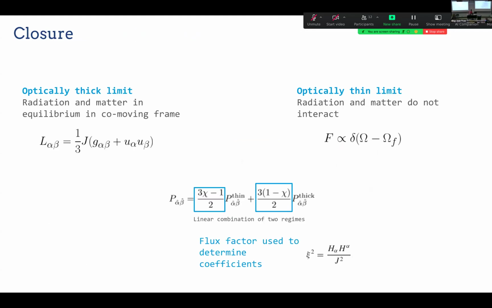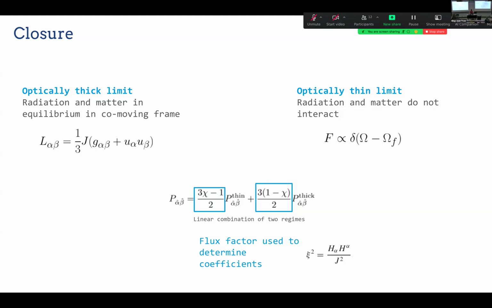So to make things simpler, you assume that the radiation pressure takes a certain form instead of actually solving for it. The way this is generally done in an M1 solver is, you know that in the optically thick limit, radiation and matter are in equilibrium in the co-moving frame, and then you can write down the radiation pressure in terms of J, the radiation energy density.